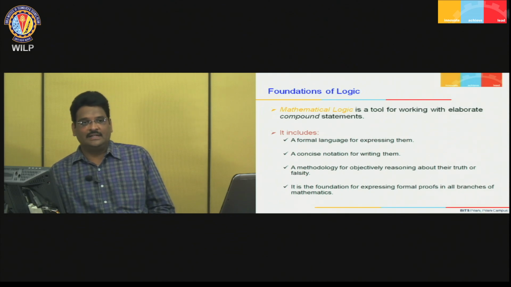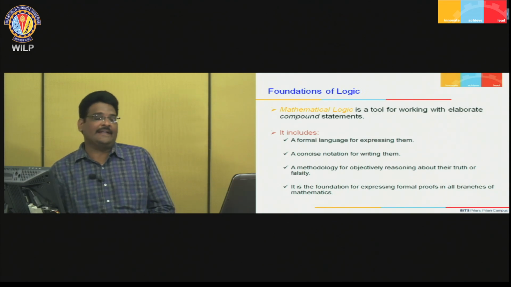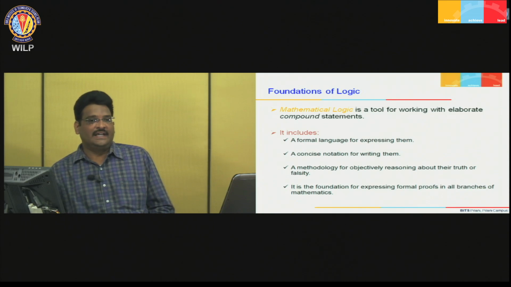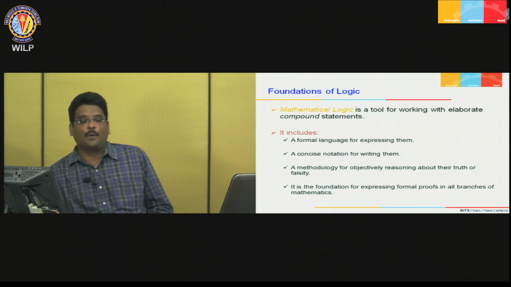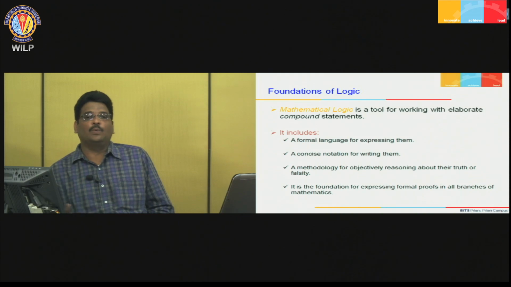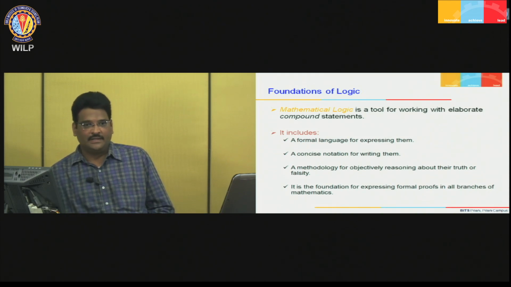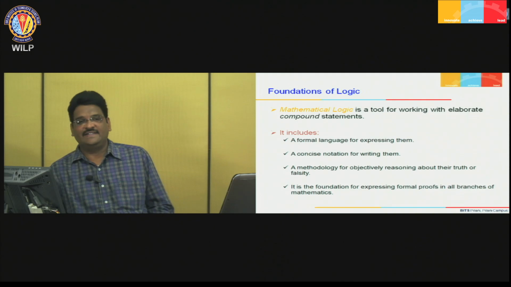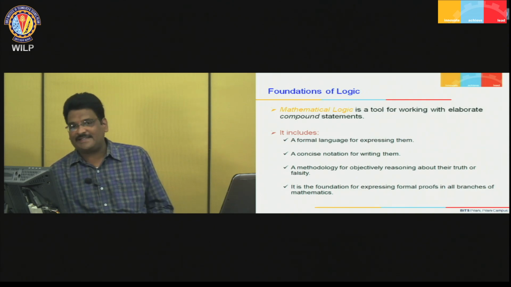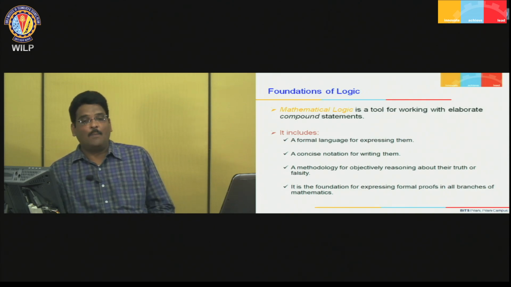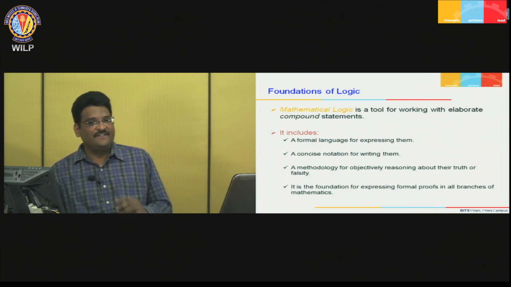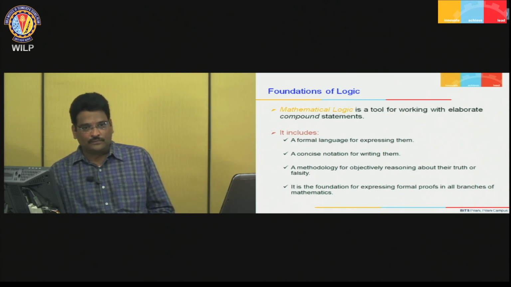You need to prove that. Pythagoras is the guy who has proved it. To prove any statement, or to disprove any statement for that matter, logic provides different methodologies. This subject deals with how to express a complicated compound statement, how you can reason and infer about compound statements, and methodologies of proof.